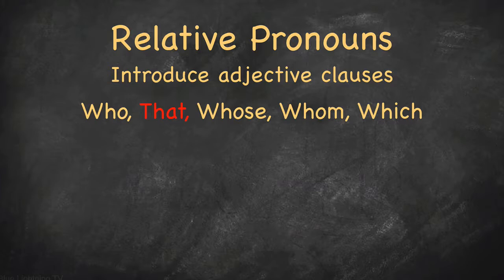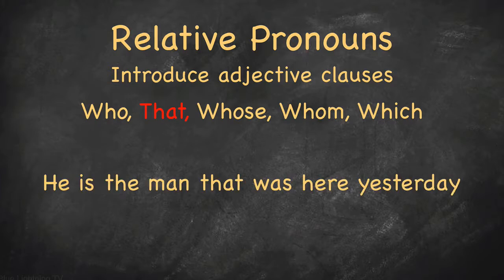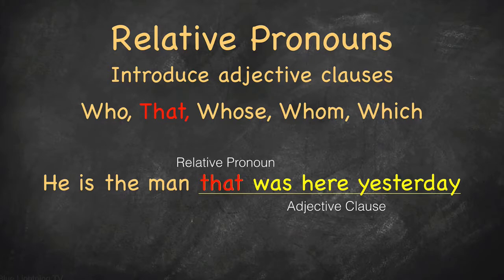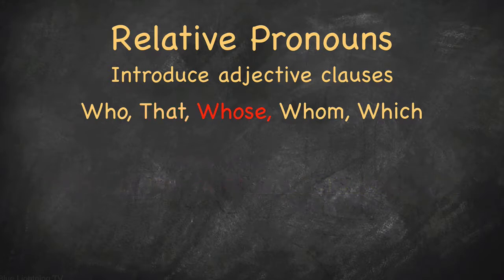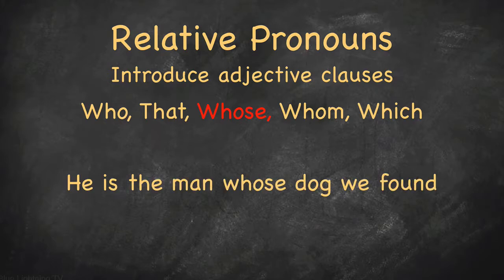Here's an example for that. In this sentence, the man is being described differently. He is the one that was here yesterday. That is a relative pronoun that introduces the adjective clause. Now the man is the one whose dog we found.